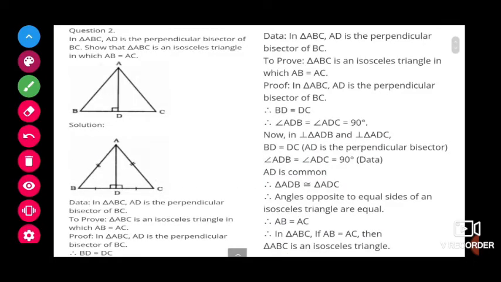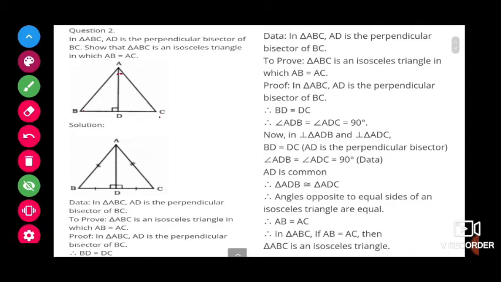Next, question number 2. In triangle ABC, AD is a perpendicular bisector of BC. Show that triangle ABC is an isosceles triangle in which AB is equal to AC. What they are saying, children, is that AD is the perpendicular bisector of BC.